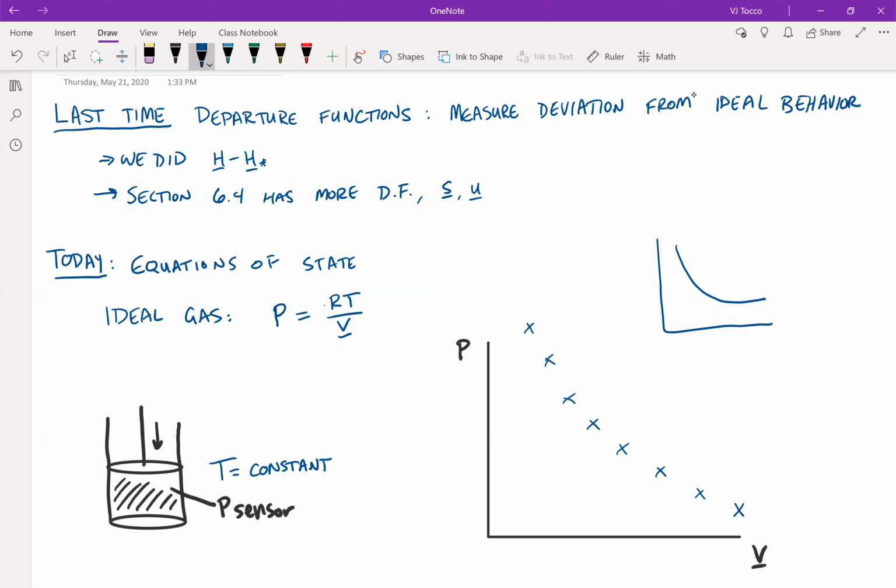So if we keep doing this, we may see some deviations from ideal gas behavior. Another flaw that we may see is that at some point, instead of continuing to increase pressure with that same trend, if we keep compressing this gas, it is going to do what looks like a jump over. And from that point on, the pressure is going to be very sensitive to small changes in volume.